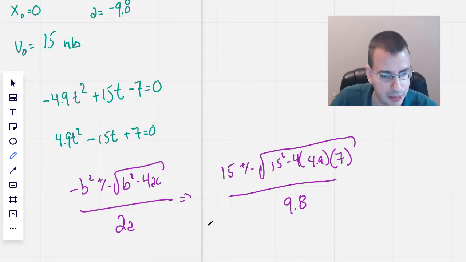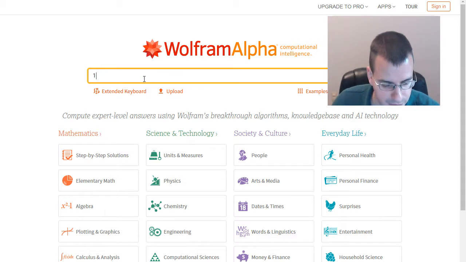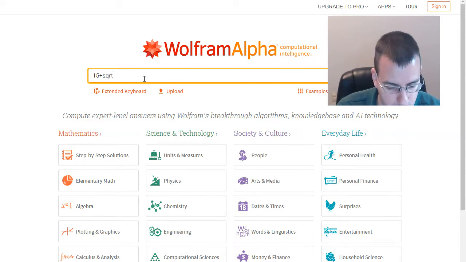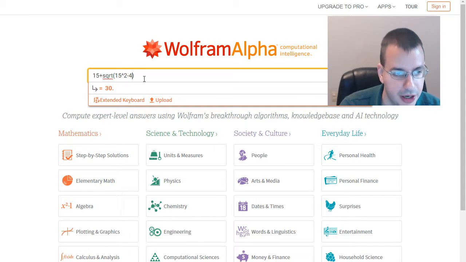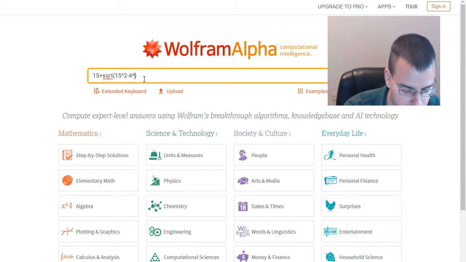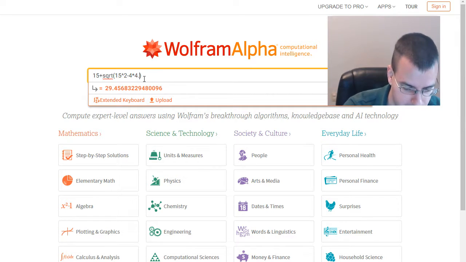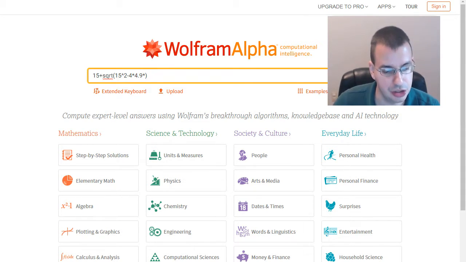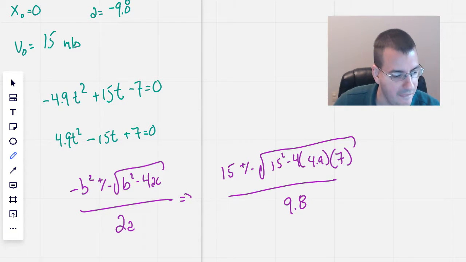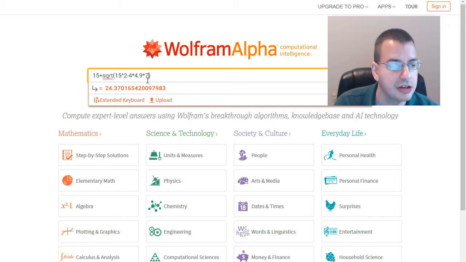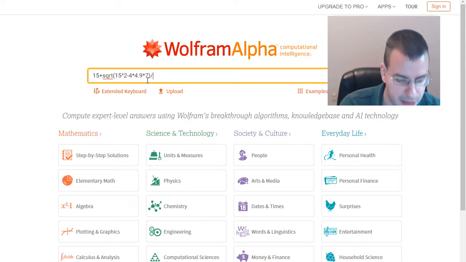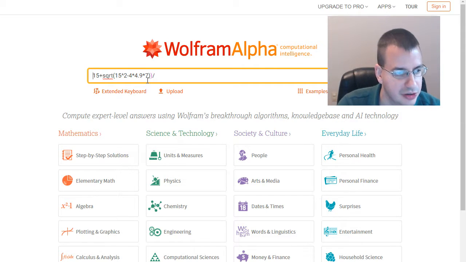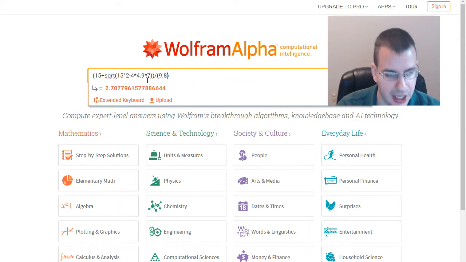I'm not even going to try and do this in my head. I'm going to go straight to Wolfram. So I'll do 15 plus the square root of 15 squared minus 4 times a, which is 4.9, times c, which is 7, divided by 2a, which is 9.8.